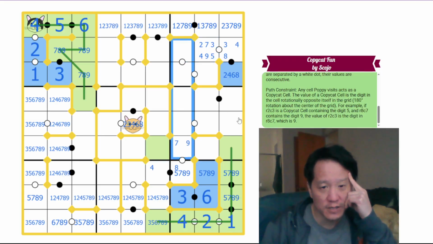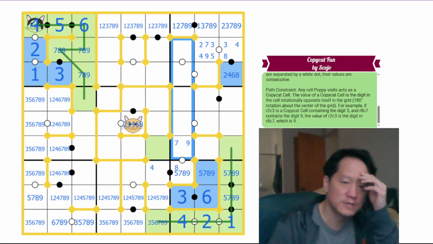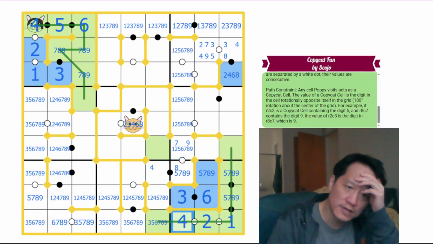Remaining digits in column 7. 1, 2, 5, 6, 7, 8, 9. Obviously no 2 here, no 1 here. Oh, that's interesting.